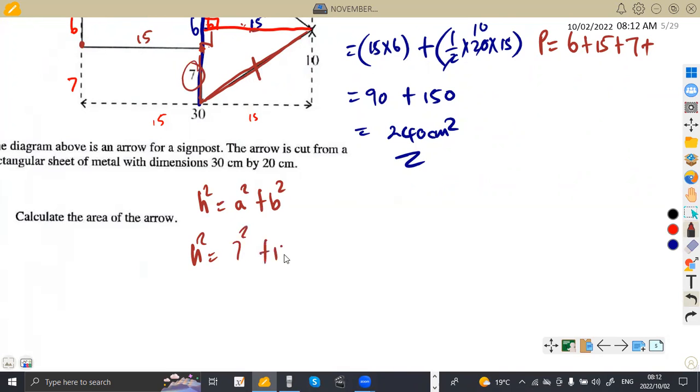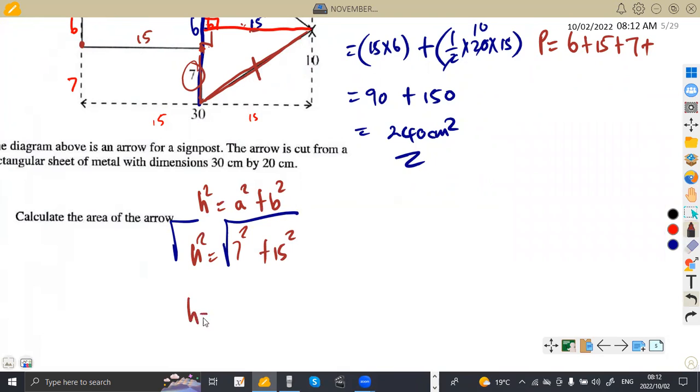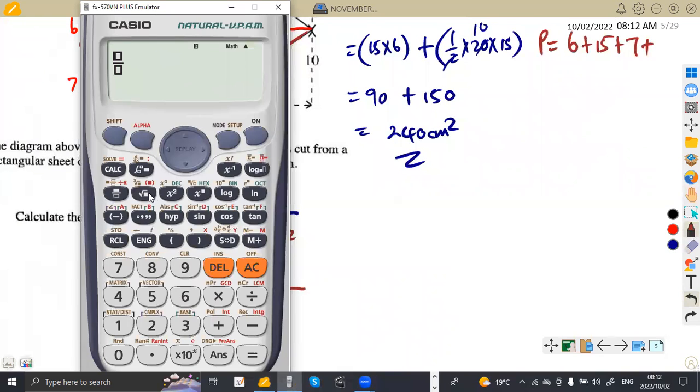So it's 7 squared plus 15 squared. So to find h, just introduce the square root both sides. So that means our h in this case is going to be the square root of 7 squared plus 15 squared. What do we have here? Square root of 7 squared plus 15 squared.